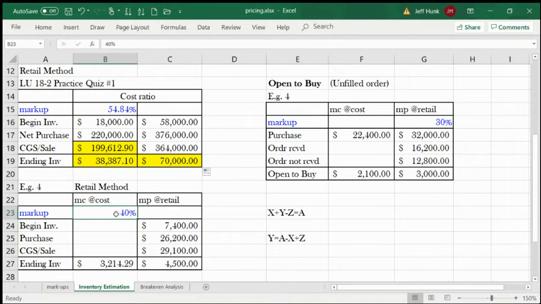And here, this markup rate is not the cost ratio, but the markup rate based on cost. That means markup is 40% of cost, right?